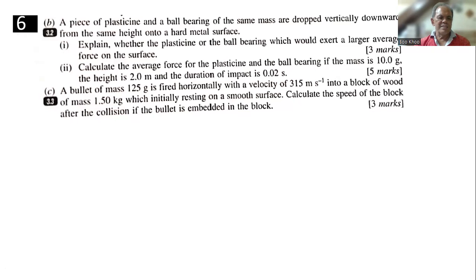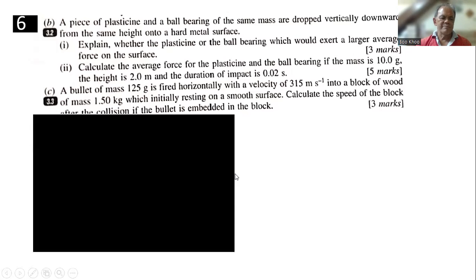Now let's try to calculate number 2. Calculate the average force for the plasticine and the ball if the mass is 10 grams, the height is 5 metres, and the duration of impact is given.